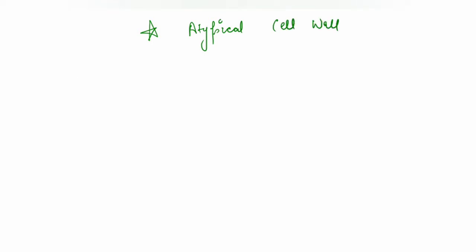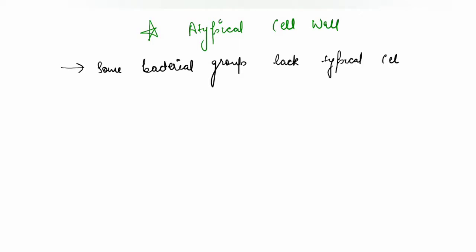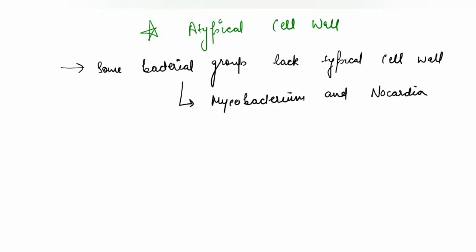Okay, now the atypical cell wall. Some bacterial cells also have atypical cell walls. That means they may contain no cell wall or an improper cell wall. Some bacterial groups lack a typical cell wall. Examples are Mycobacterium and Nocardia. And some bacterial cells do not have a cell wall. An example is Mycoplasma.